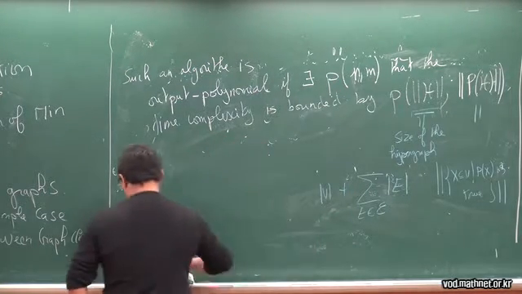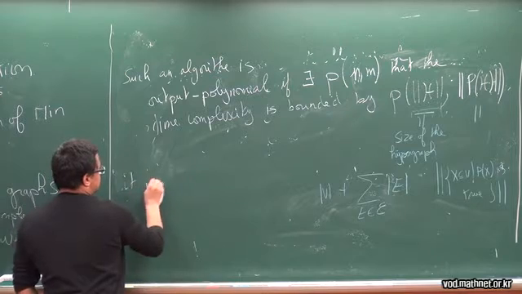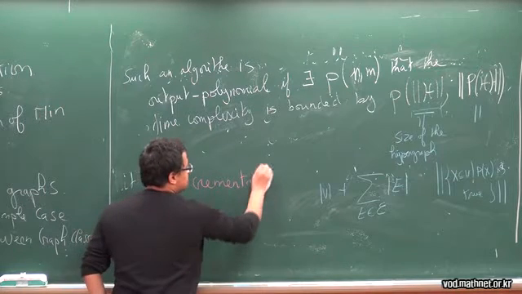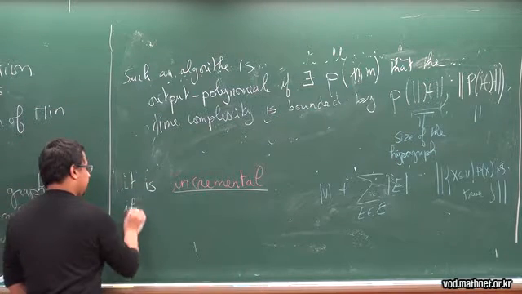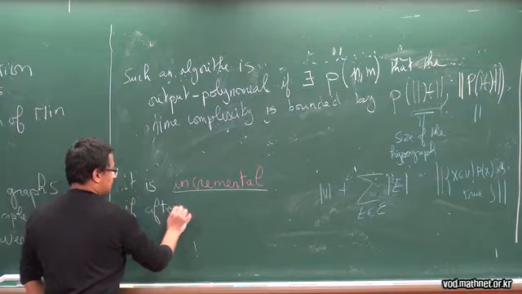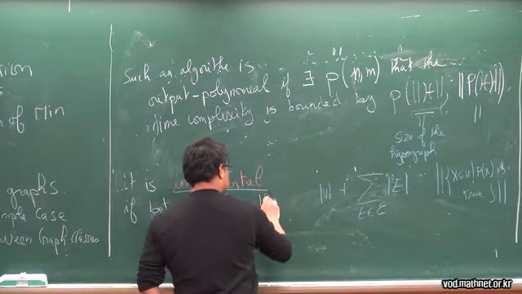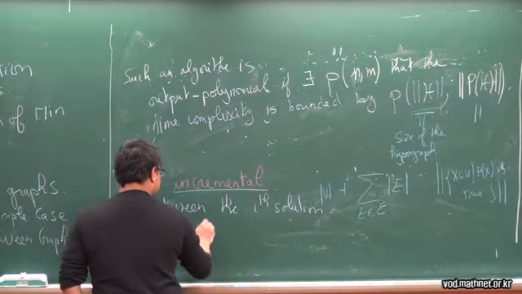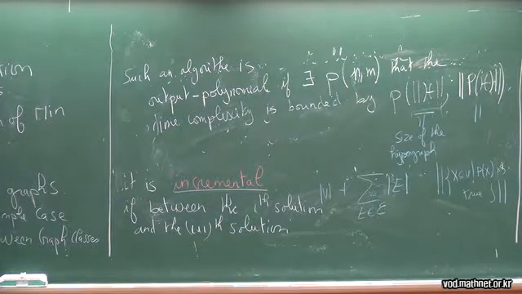So now, it is polynomial delay. So it is incremental if between the i-th solution and the (i+1)-th solution, because when you output, you will first output one and then the second and then the third and so on.